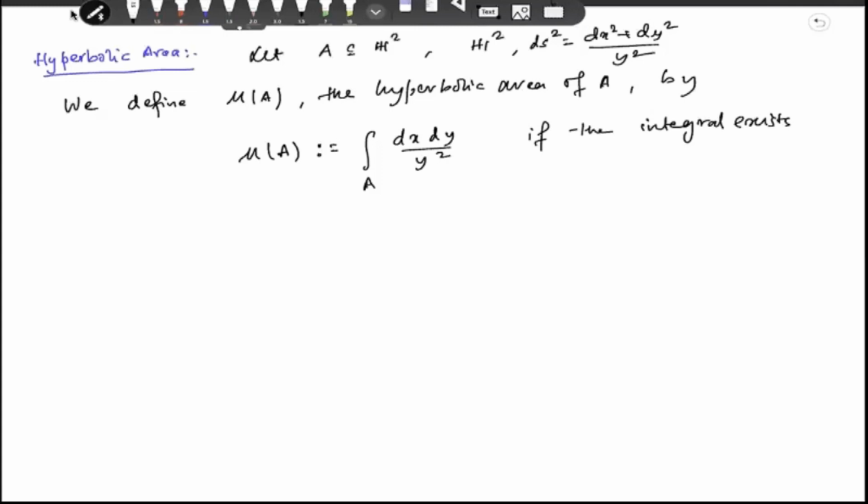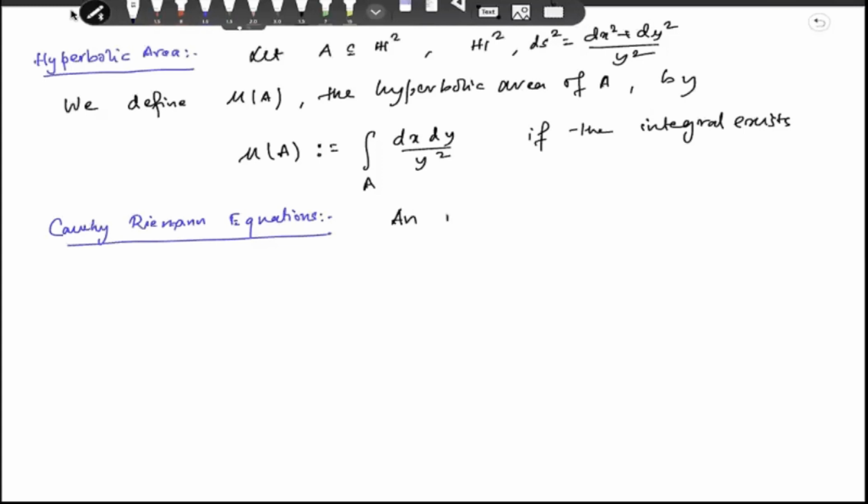What do we mean by the Cauchy-Riemann equations? Let me write them down.